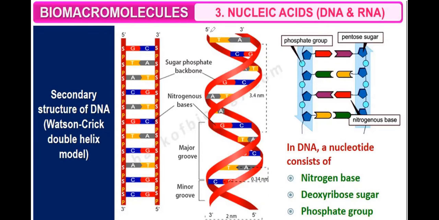The width, this area, is about 2 nanometer, or 20 angstrom. So half will be 10 angstrom, that is 1 nanometer. So these are some of the dimensions of the DNA double helix.